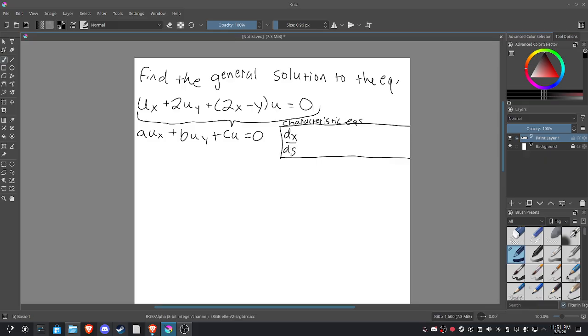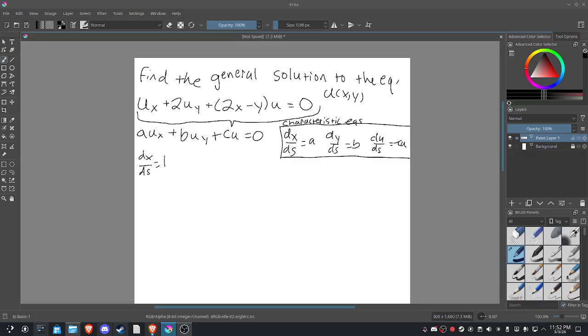dx/ds equals A. dy/ds equals B. du/ds equals negative cu. And also note here that u is a function of x and y. Wonderful. So, we can already see that dx/ds here is just 1.